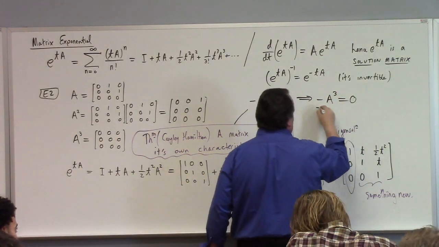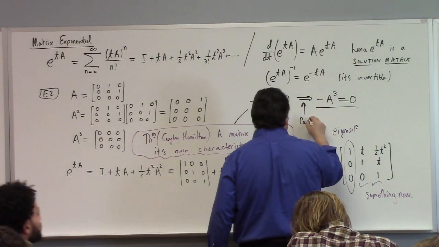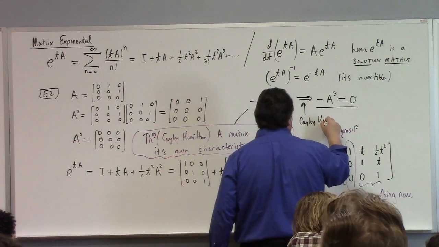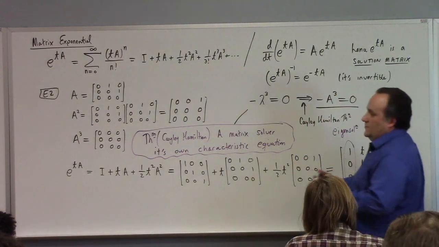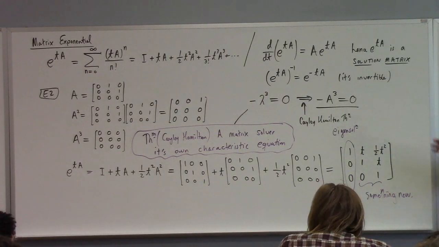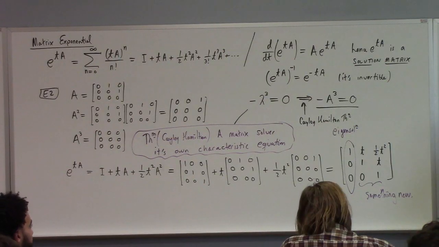This is what the Cayley-Hamilton theorem tells us, all right? So I knew A cubed was going to be 0 here before we did that matrix multiplication. I already knew that was going to happen because I know the Cayley-Hamilton theorem. All right?